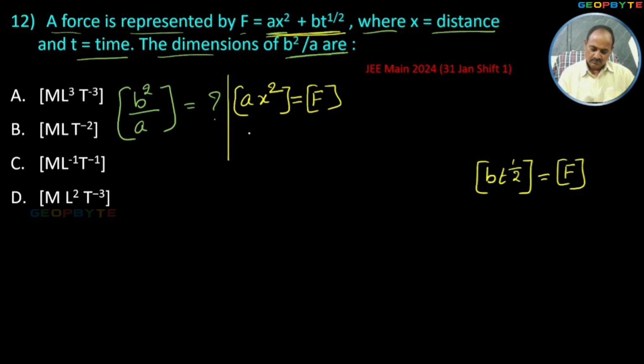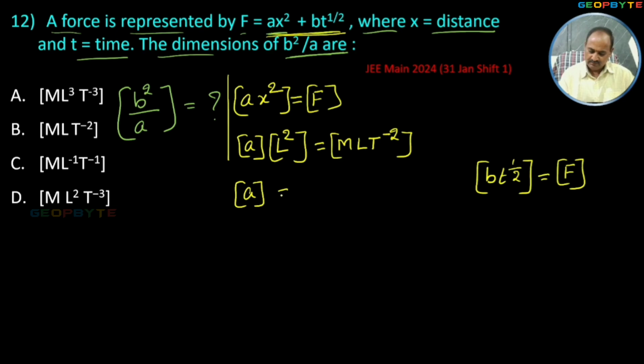Now here, A dimensional formula, x is the distance, L power 2, force dimensional formula M L T power minus 2. Now you simplify it. A dimensional formula is equal to M L power minus 1 T power minus 2. That is the dimensional formula for A.